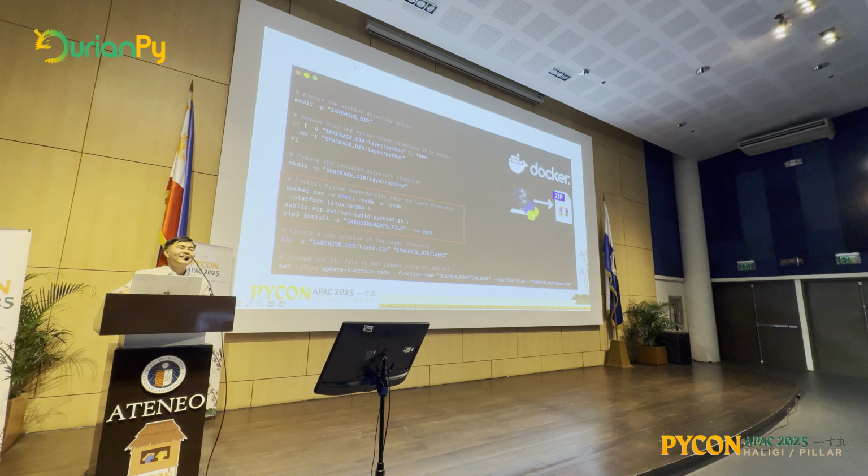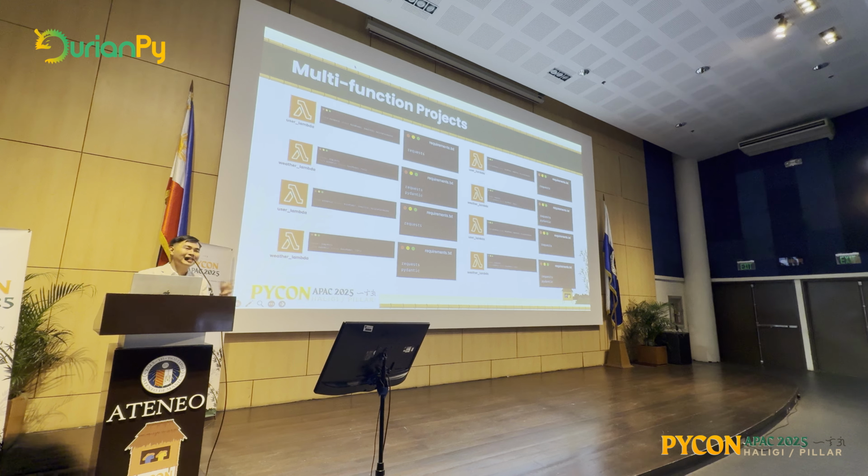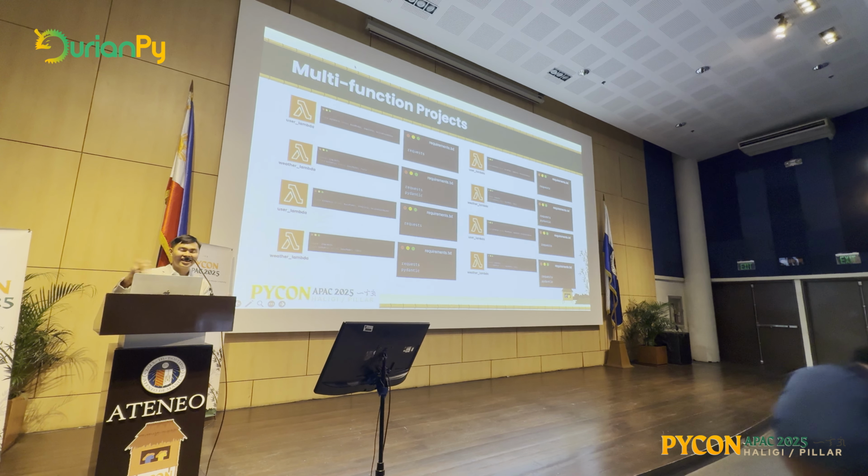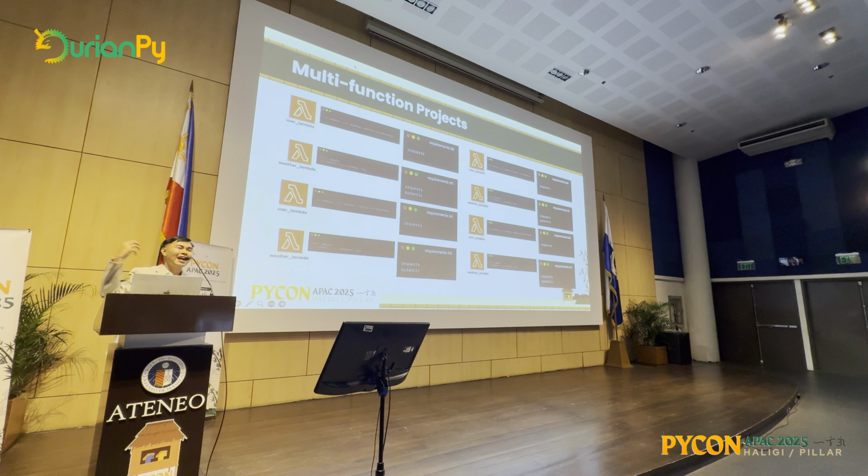However, there's this thing that occurs when you're dealing with dozens of Lambda functions needing their own requirements files. So you have to manage the requirements for each requirements file. Sometimes you forget, and sometimes you're shocked. Oh, why doesn't this work? Oh, I just forgot to put this requirement in the file. All right. So you really have to rely on human memory for this, which is not a really fun way to handle our dependencies.